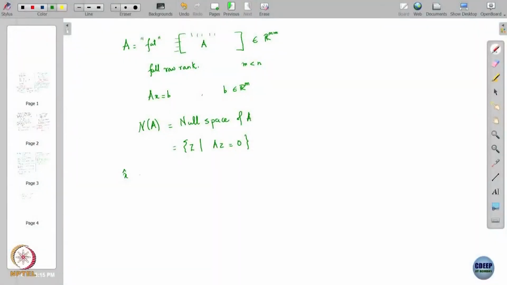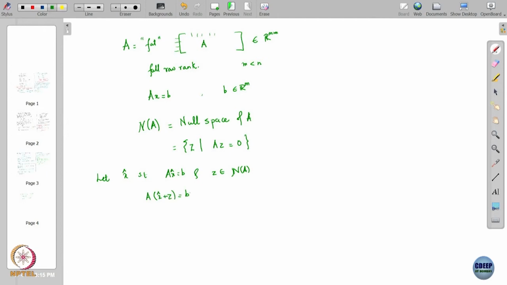So, if I have one solution, let x hat be such that Ax hat equals b, and I take any z in the null space of A, then what can I say? x hat plus z is also a solution of this, right.